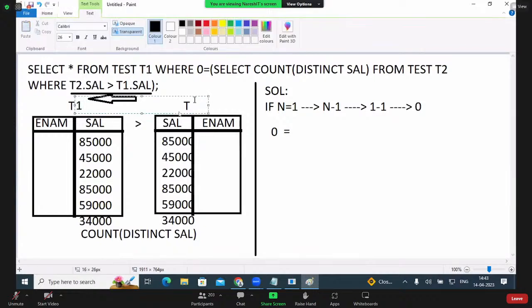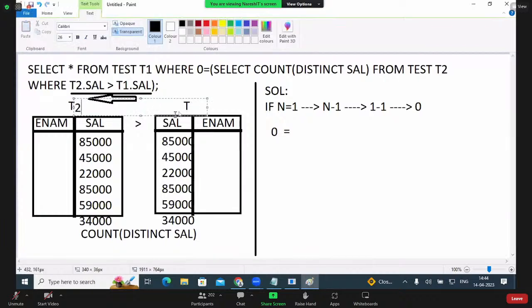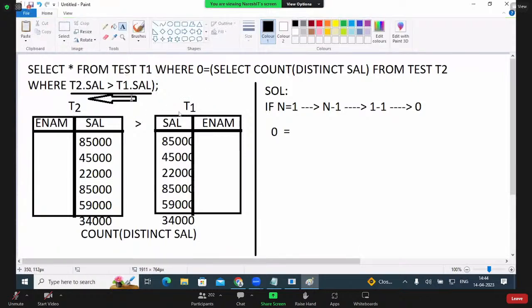This is T2 and this is T1, as per my condition. Right. Now the comparison starts, T1 to T2 comparison.